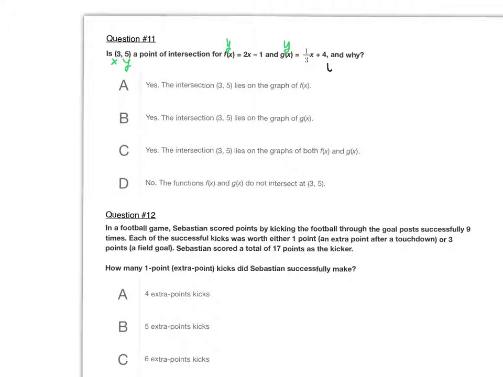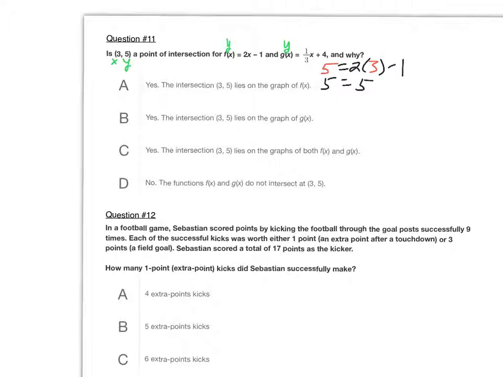So instead of y, I'm going to put in 5 equals 2, and instead of x, I'm going to put in 3, and then minus 1. So we have 5 equals 2 times 3 is 6, minus 1 is 5, so that definitely checks.